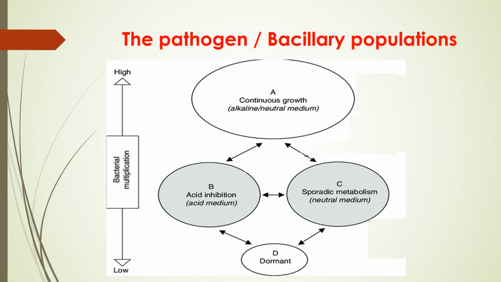In the same patient, we can have 4 populations of the bacillus. We have population A, which is responsible for a high bacterial multiplication. We have populations B and C with a medium bacterial multiplication, and population D which does not multiply.